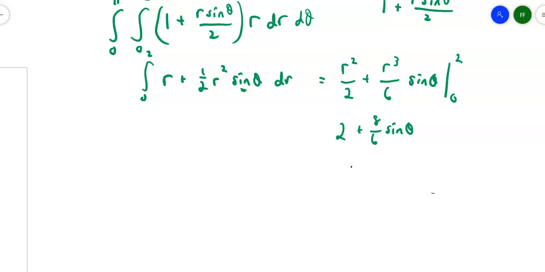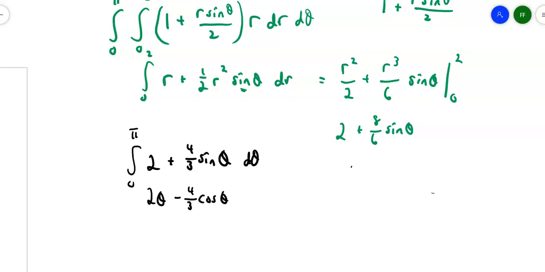So the next integral will be just the integral from 0 to pi of 2 plus 4/3 sine theta, integrated with respect to theta. So when I integrate with respect to theta, I get 2 theta. The antiderivative of sine is negative cosine, so minus 4/3 cosine theta, evaluated at pi and at 0. All right, so that gives me 2 pi. The cosine of pi is negative 1.